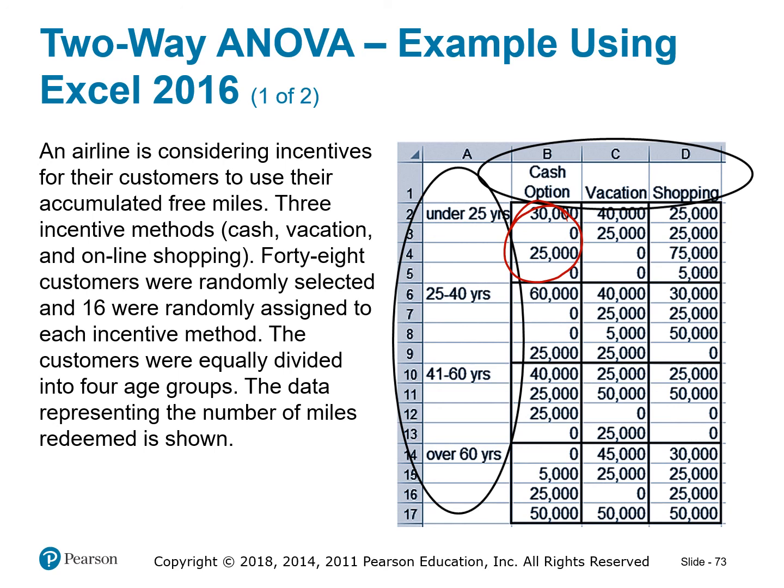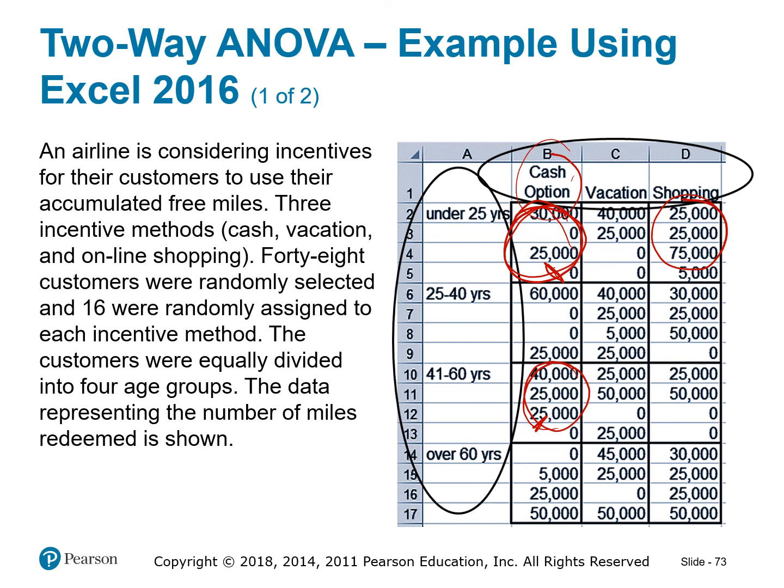So if I'm looking just within the cash option groups, I'm comparing factor A. Does this box look the same as this box? Because that would be ignoring age group. And then comparing this group to this group would be asking, are these two age groups different for the cash option? And similarly for the rest.